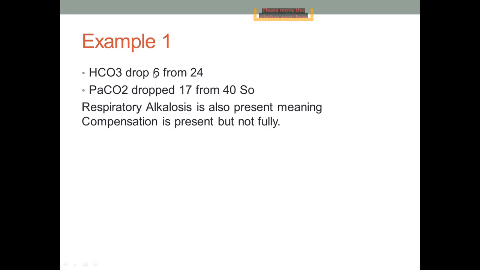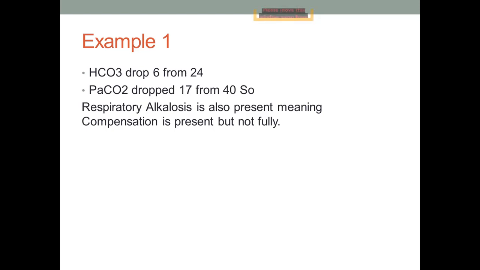So bicarb dropped 6, and the partial pressure of carbon dioxide dropped 17 from 40. We will take 40 as the normal value when we want to calculate the decrease or increase from bicarb and CO2.